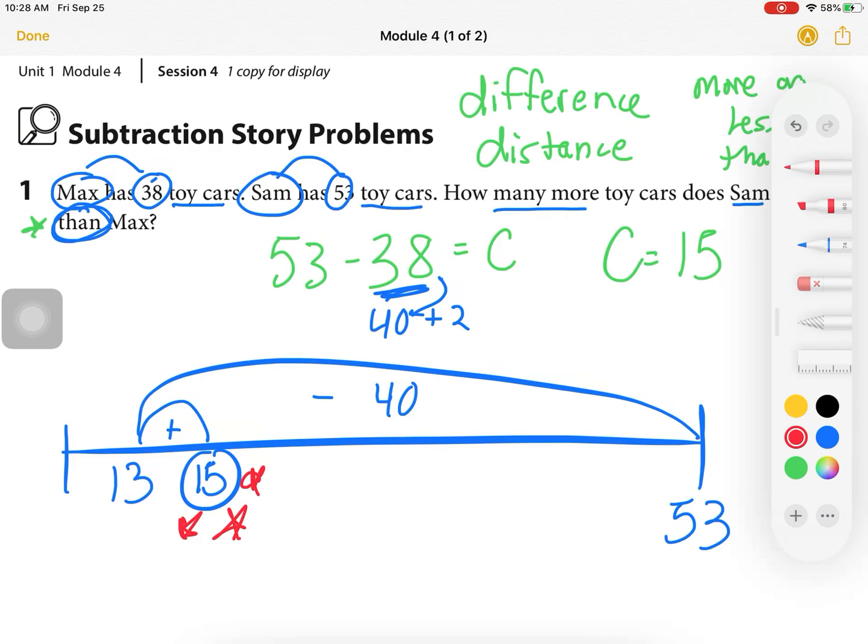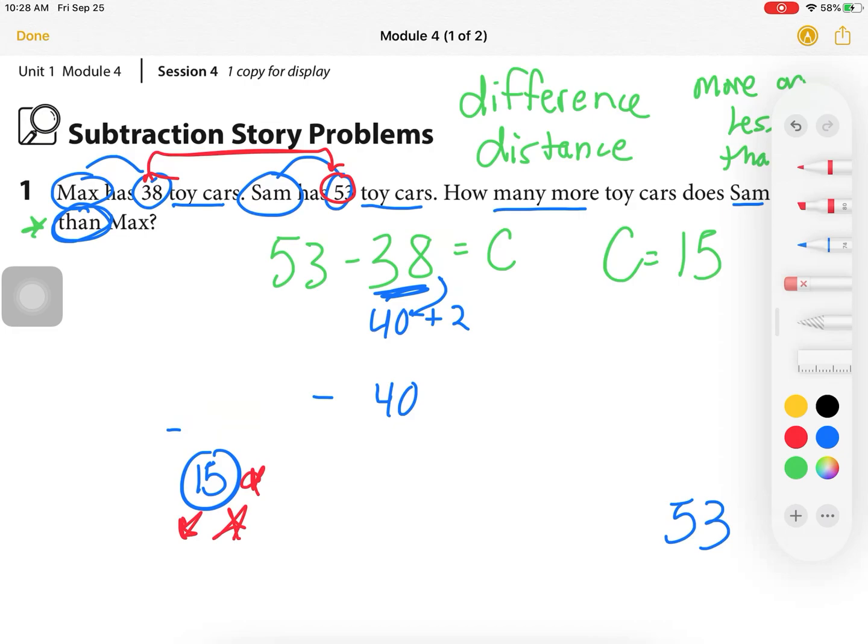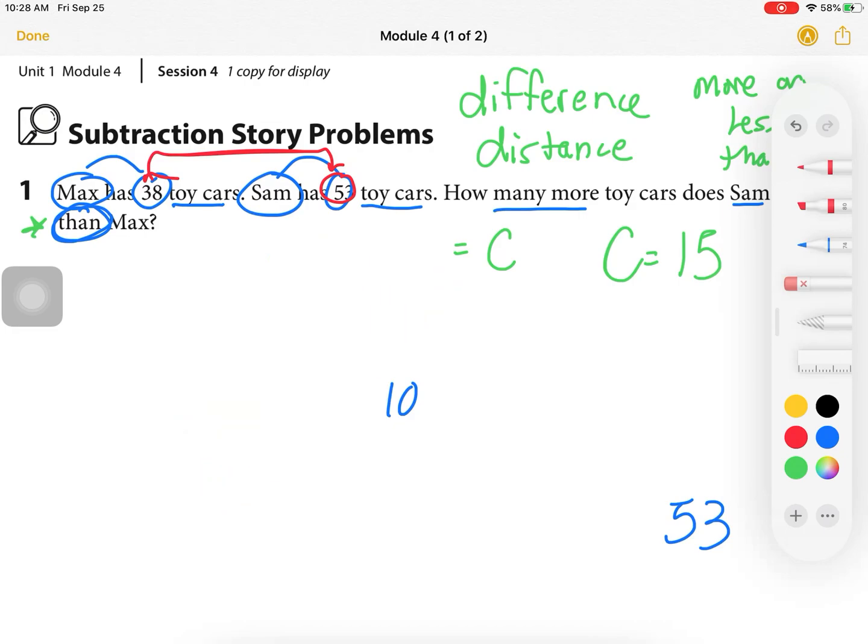We can think of a distance or a difference as either trying to find the distance between these two numbers, or start at the larger number and take away the smaller number until we end up with our number here. So we're going to take a look at one more equation today before I give you some practice. Let's go on to that second one.